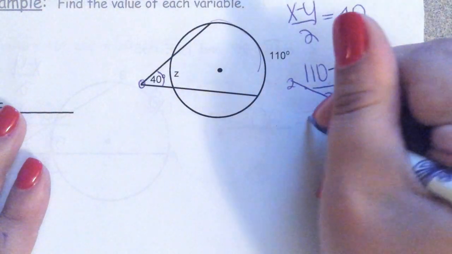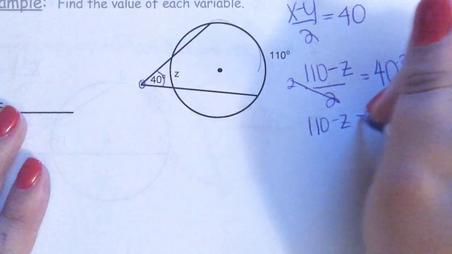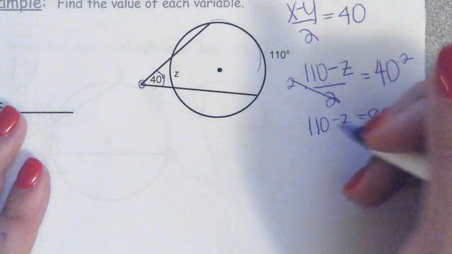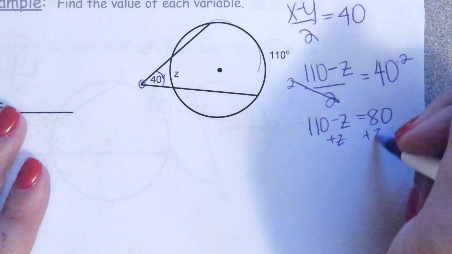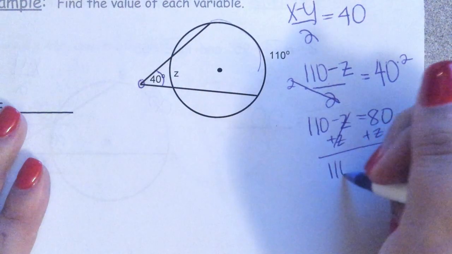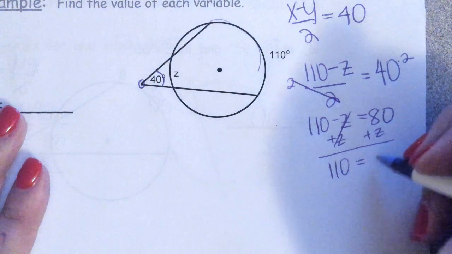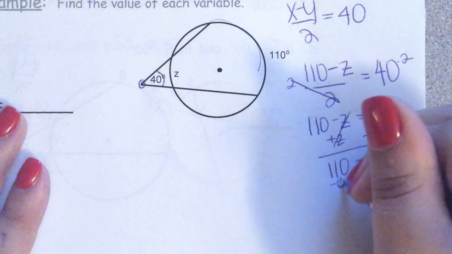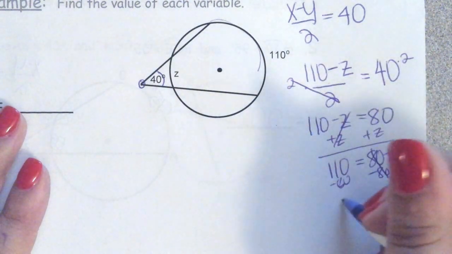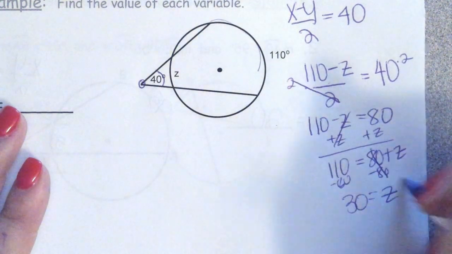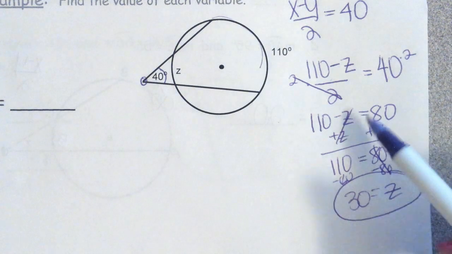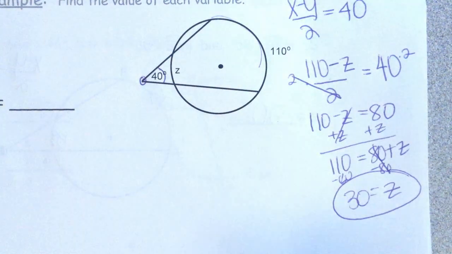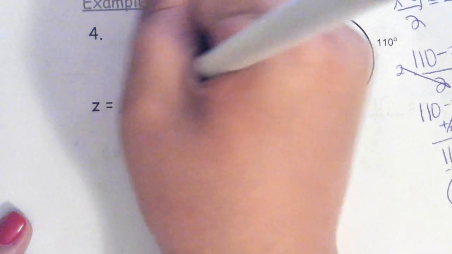Times by 2. So 110 minus z equals 80. 80 plus z, subtract 80, and you get 30 equals z. Again, you could have done that a couple different ways. You could have subtracted 110 and then divided. It doesn't matter. So my z is 30 degrees.